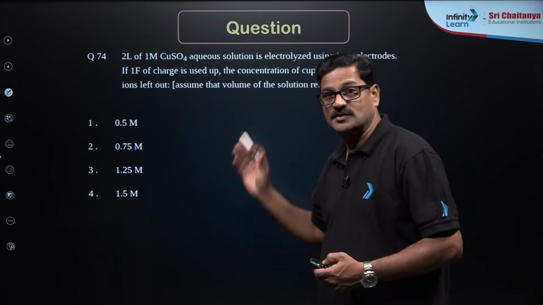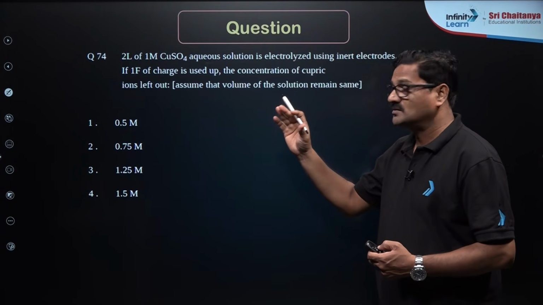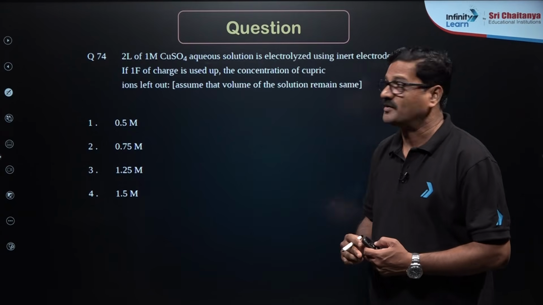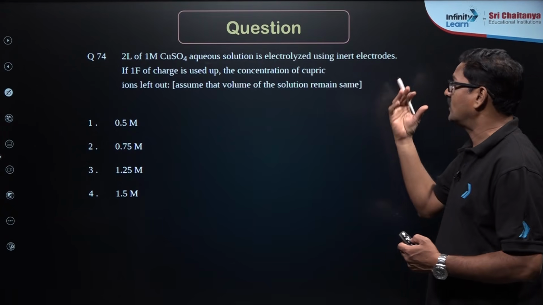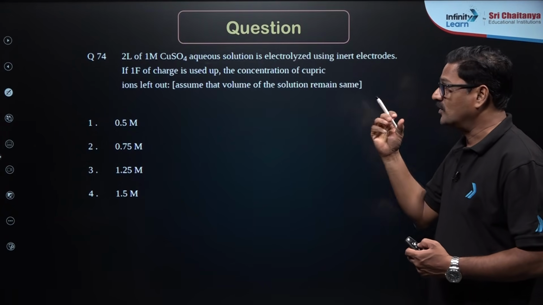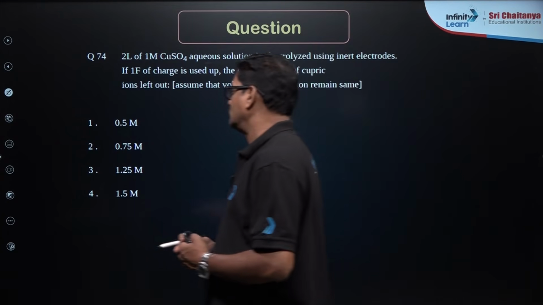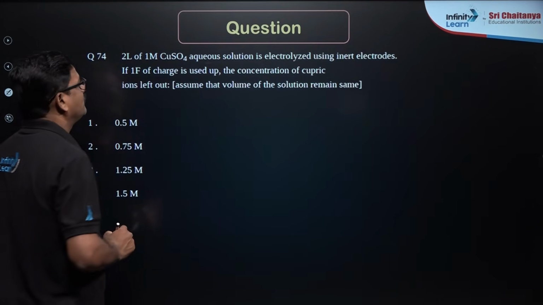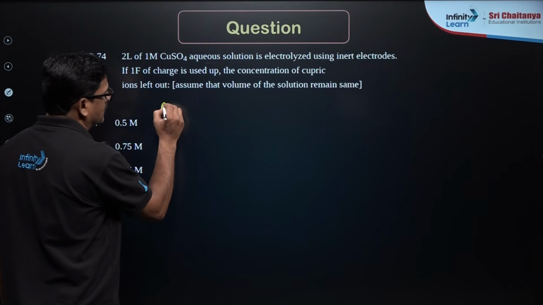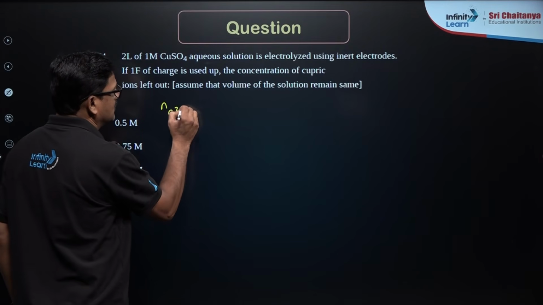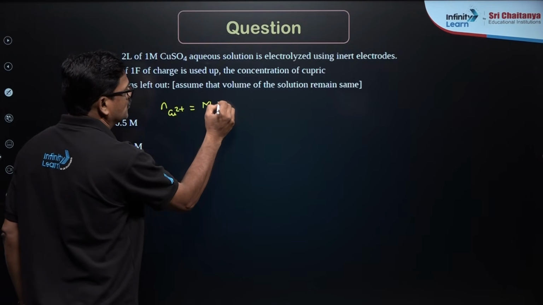Students, here 2 liters of 1 molar copper sulfate in aqueous solution is electrolyzed using inert electrodes. If 1 Faraday of charge is used up, what is the concentration of cupric ions left? So, copper: the number of moles of copper 2 plus is going to be molarity into volume.